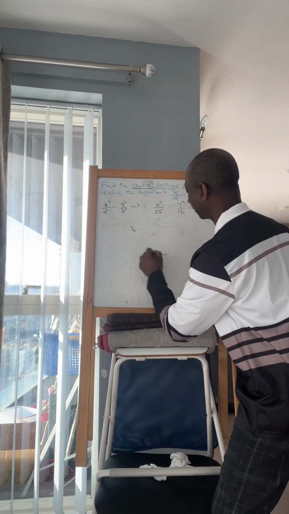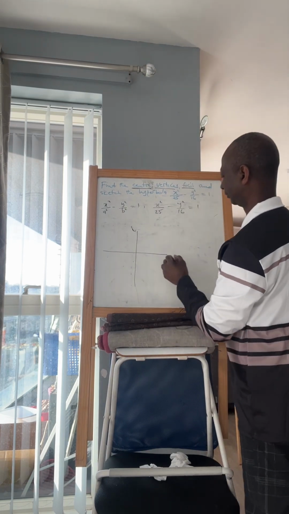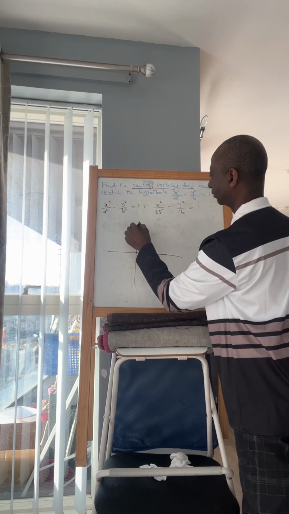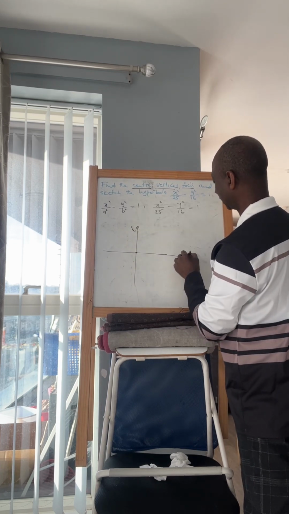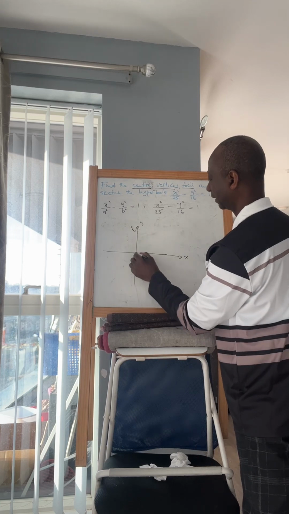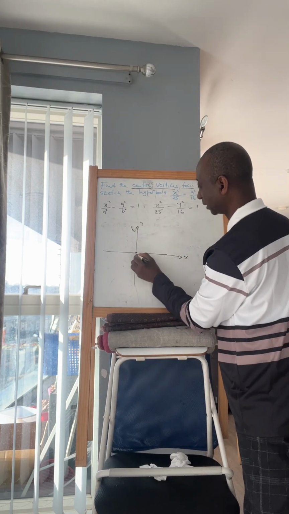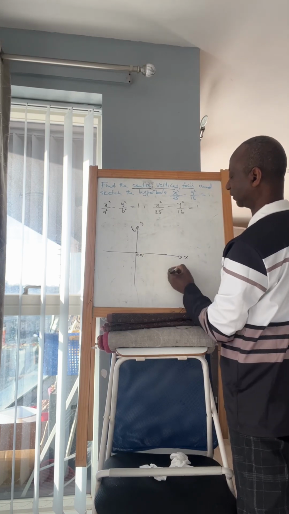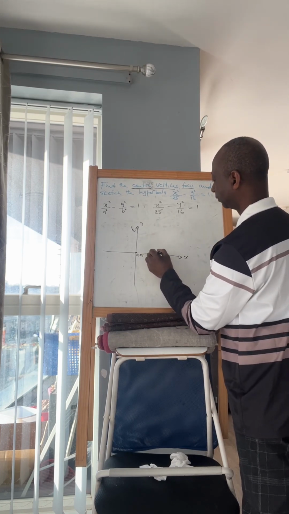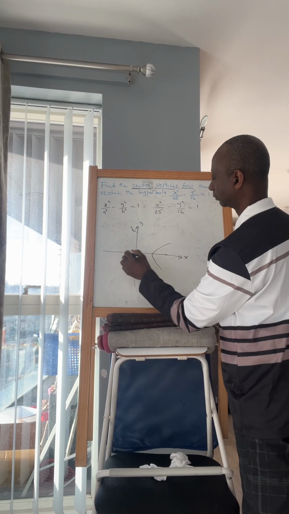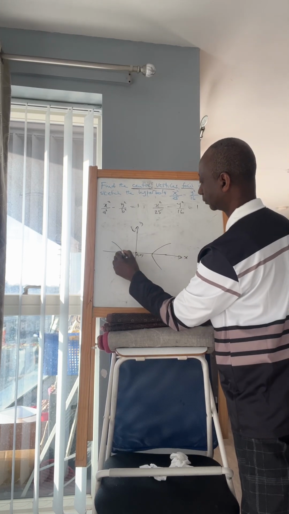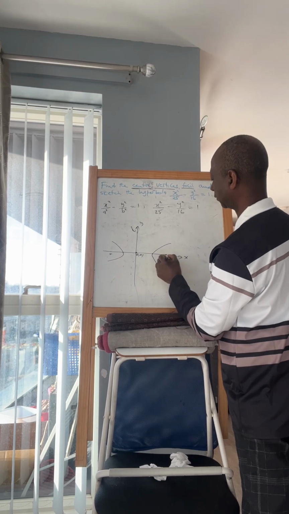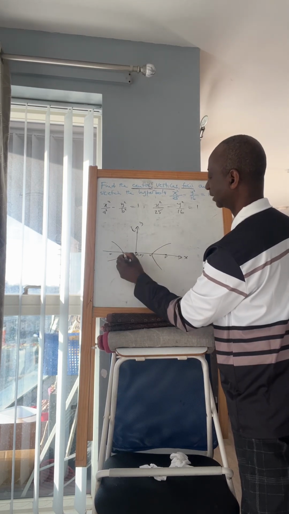So how do you find the center? When you draw your hyperbola, this is the center of the graph. At this point, x is 0, y is 0. If this is the focus, this is again another focus, and this is the vertex.